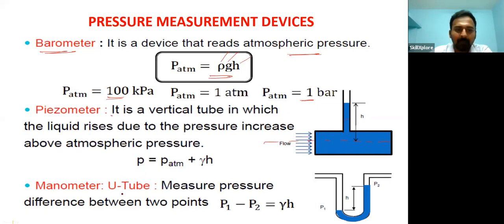Next thing is the manometer. Many manometers are there, but we are using the U-tube manometer in a familiar way to calculate the pressure difference between 2 points.